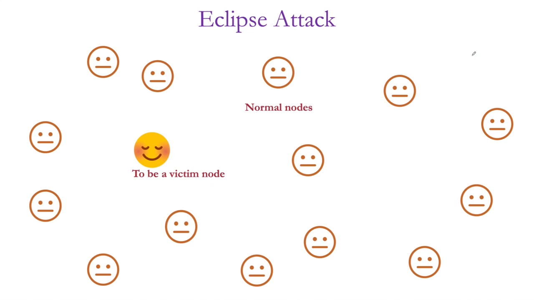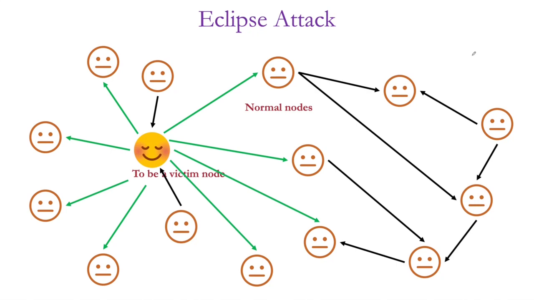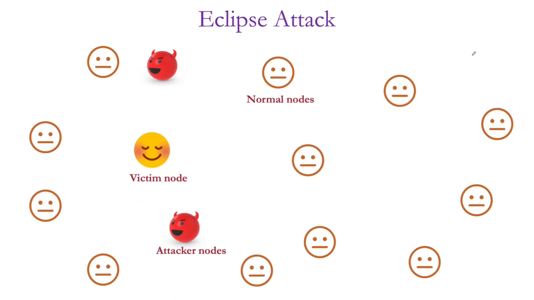Then the attacker can filter the victim's view of the blockchain in the network. They can communicate with each other and exchange their distributed ledger. Some attackers try to find a specific node, only one node in the network, and attack that victim node.